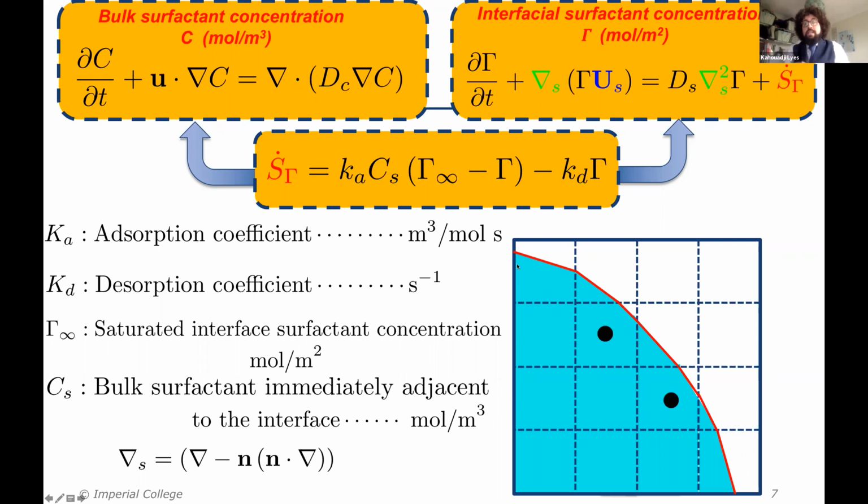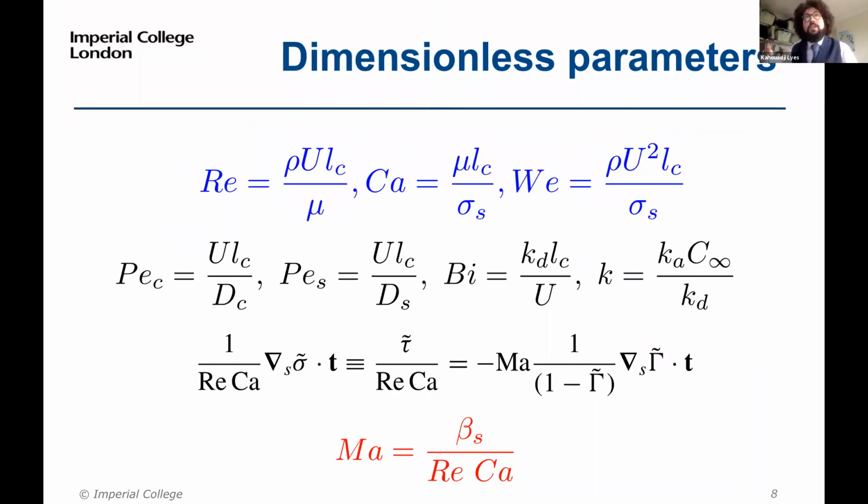And of course, now in everything we always use non-dimensional numbers. So when we just use a clean interface without surfactant, we usually use the Reynolds number, the capillary, or the Weber. So this is highlighted in blue. But the addition of the surfactant gives you a lot of other control parameters.